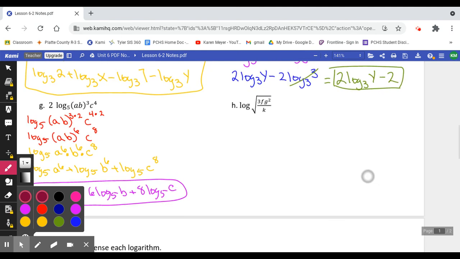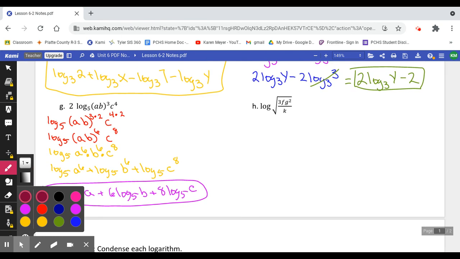My index number is not listed for my root, so that means my index number is 2. So now to get rid of the square root, what we do is we put the inside exponents over the outside index number. And I know it might seem a little bit since we did 5.1, but that's what we talked about in lesson 5.1.